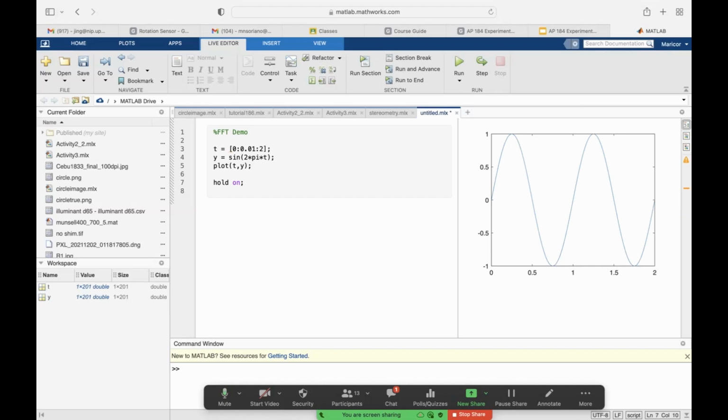So I'll use the command hold on, and all the plots will keep drawing on this same sine wave. Suppose ito na yung sampling interval natin. So yung unang sine wave, assume natin this is the actual analog signal. Now, by sampling it, essentially we discretize it.